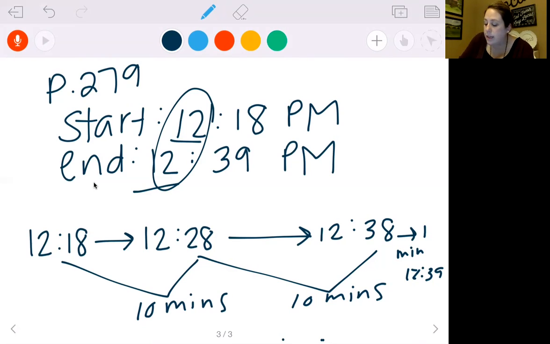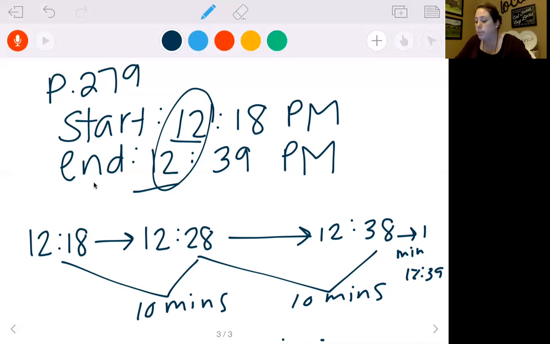Can't do 5 minus 6, so I need to make that 15 and make that 4. Let's count up from 6 to 15. 7, 8, 9, 10, 11, 12, 13, 14, 15. 9. 4 minus 2 is 2. So that's 29 minutes.